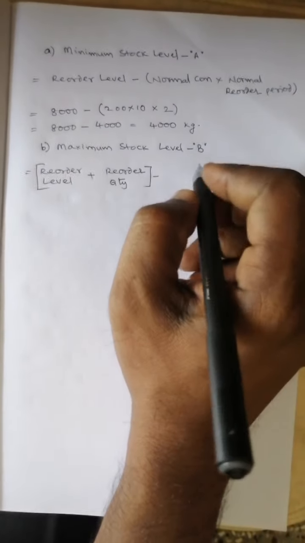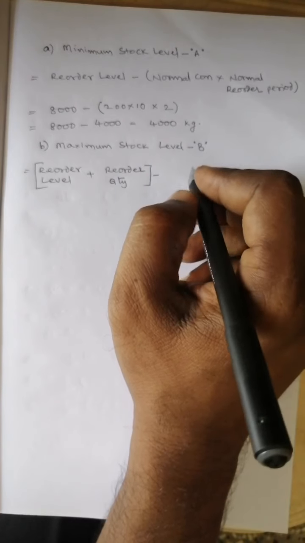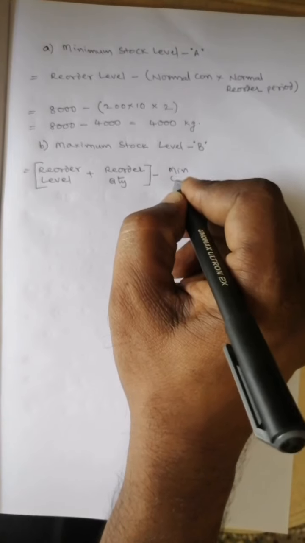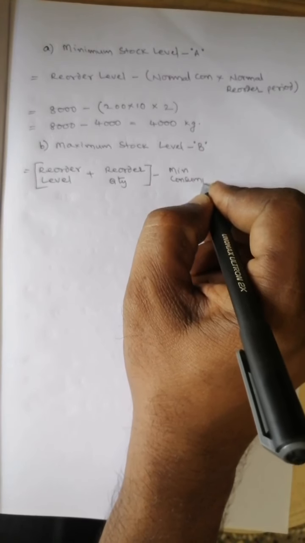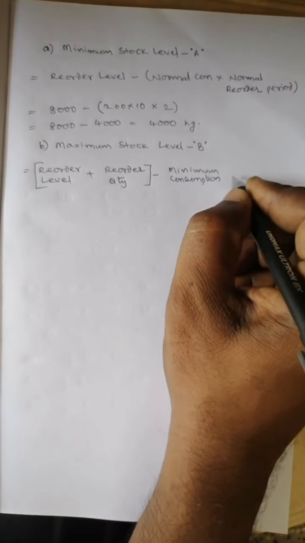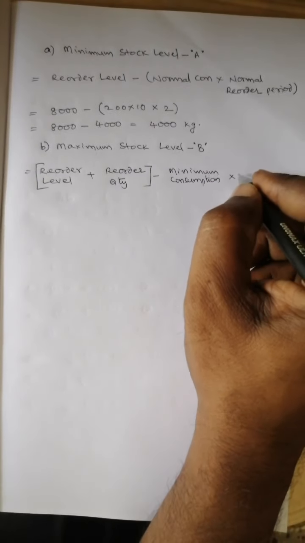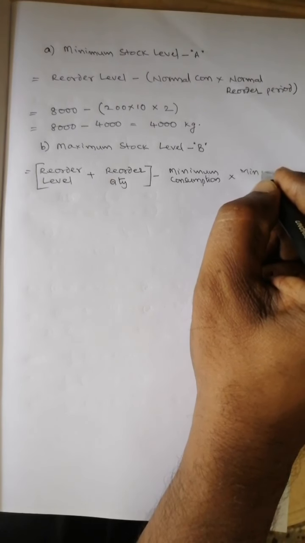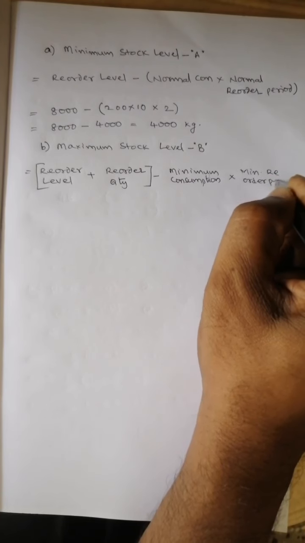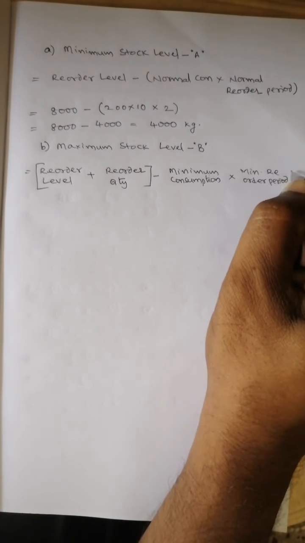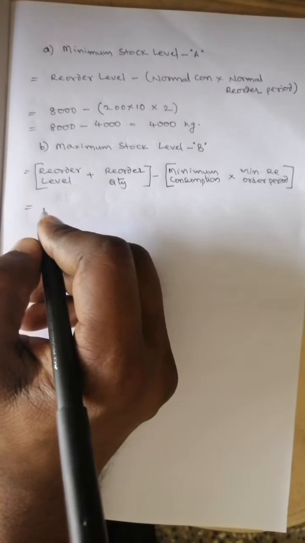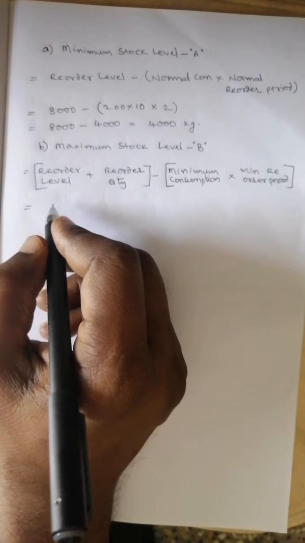Then from this deduct minimum consumption multiplied with minimum reorder period. This is only for material B.